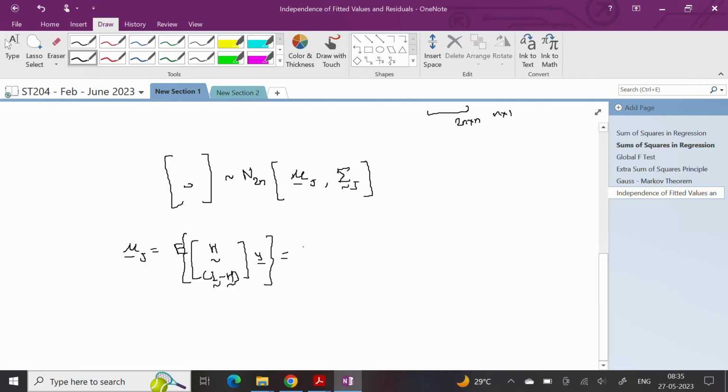Since H contains only the terms involving X, H and I minus H can be outside the expectation, and I have to worry about only the expectation of y, which we know is X beta.